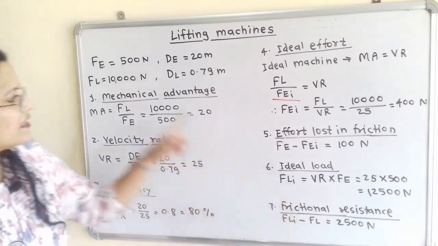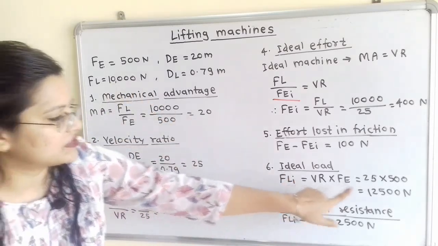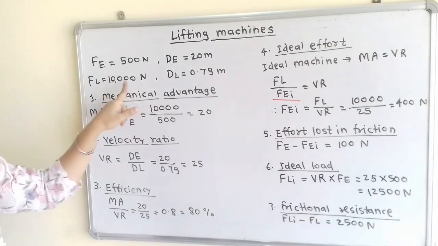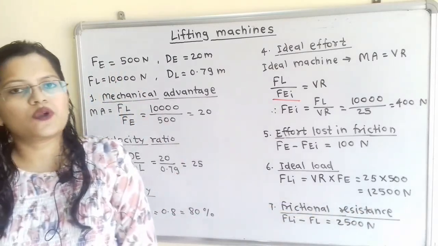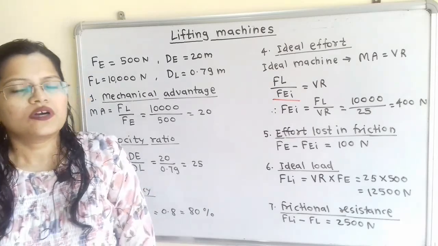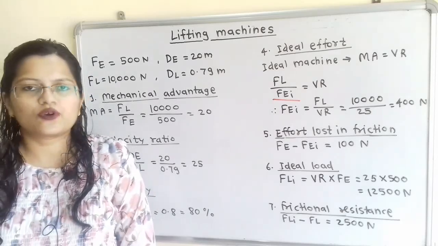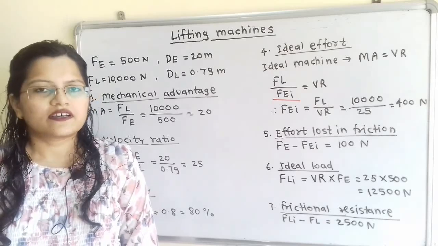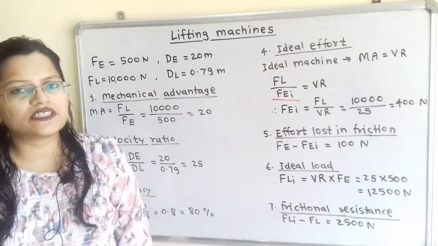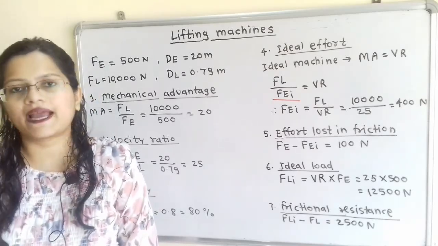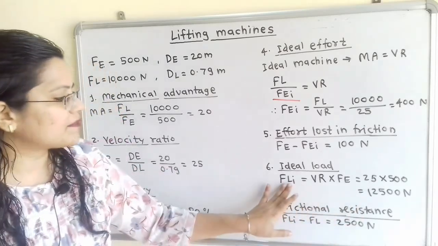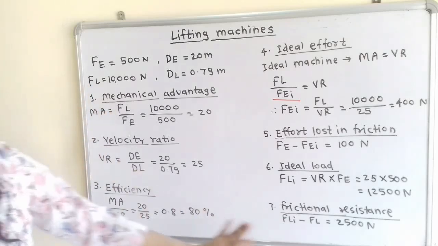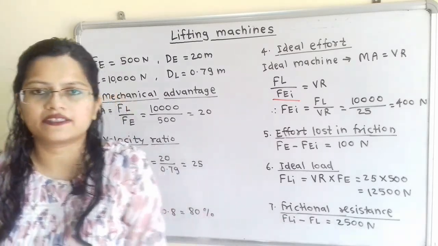So when we take the difference between these loads, FLI and FL, we get the frictional resistance. What is the meaning of load? Load is the resistance, or we can say frictional resistance overcome by the machine. So frictional resistance is FLI minus FL, which is equal to 2500 Newton.